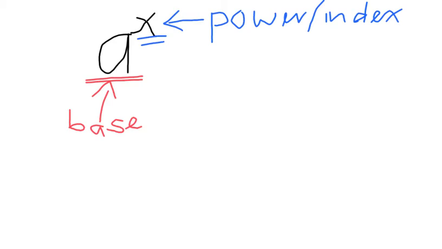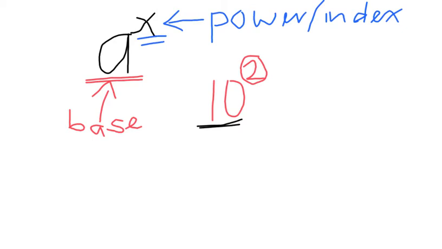The whole term together can be referred to as a to the power of x. Okay, so let's say we had a base of 10 and it was to the power of 2. What does this mean? Well, our power is important because it tells us how many times the base of 10 is being multiplied by itself.